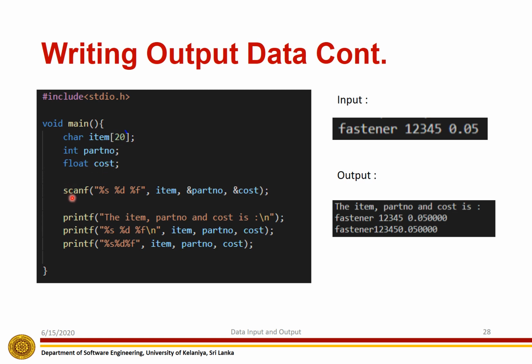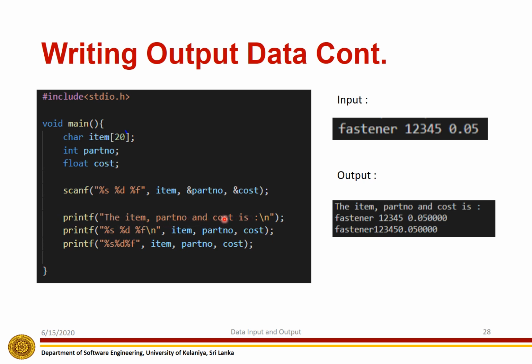Here I have used the scanf function to get the input from the user. And there are 3 printf functions here. The first printf function displays the string, the item, part number, and the cost is.